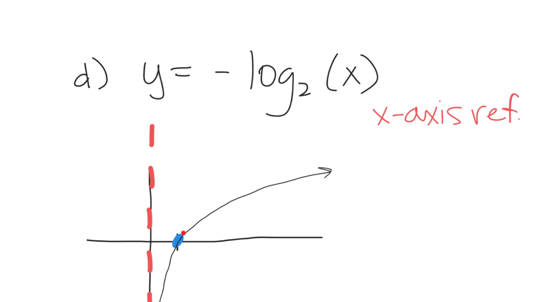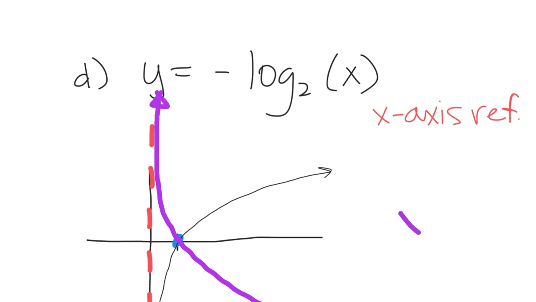So everything in the top part of our graph is going to go on the bottom, and everything on the bottom part is going to go on the top. So our x-axis reflection ends up looking like this. Okay, and it grows logarithmically, but in the negative direction.